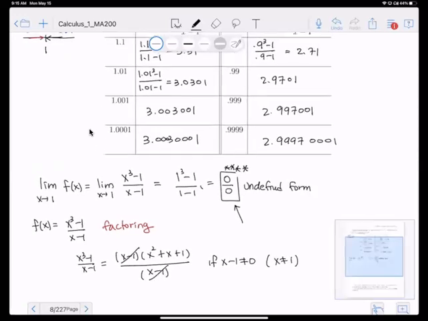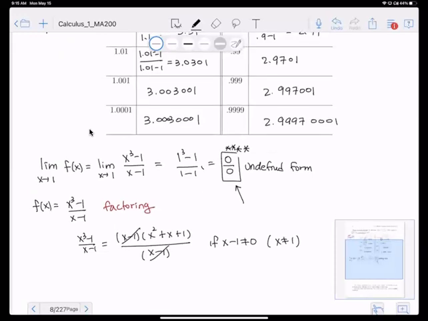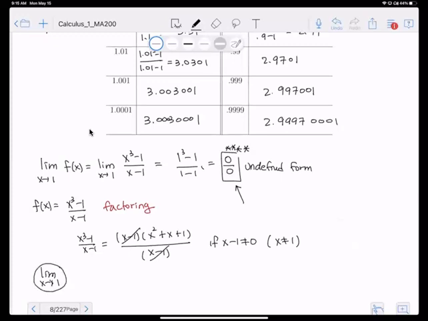This is okay. The reason is we are taking a limit as x approaches 1. This means x is closer to 1, but x is not equal to 1. So two different things: it's close to 1, not equal to 1. So this takes care of it.